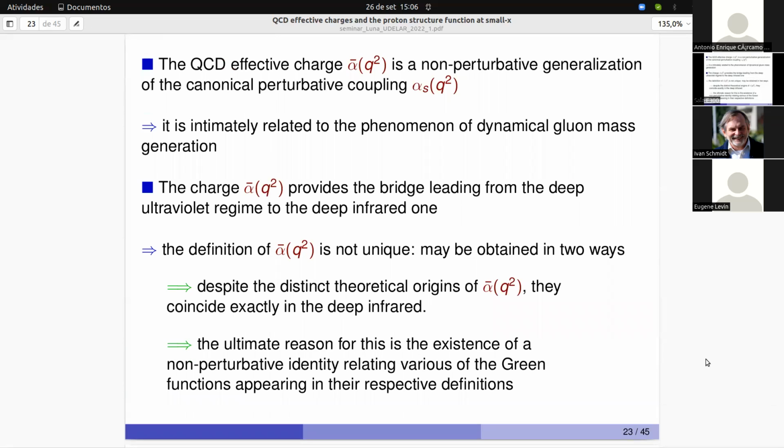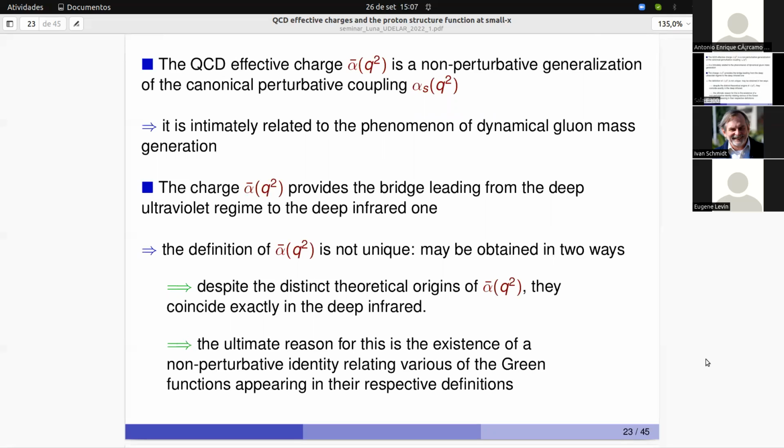Because of this, we can introduce what we call the QCD effective charge. It is a non-perturbative generalization of the canonical perturbative coupling of the strong interaction. And this QCD effective charge is related to the phenomenon of dynamical gluon mass, because it takes into account the dynamical gluon mass. In fact, this QCD effective charge provides the bridge leading from the deep ultraviolet region to the deep infrared one.